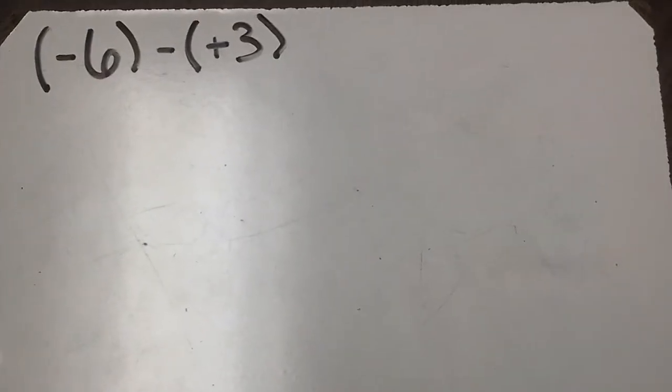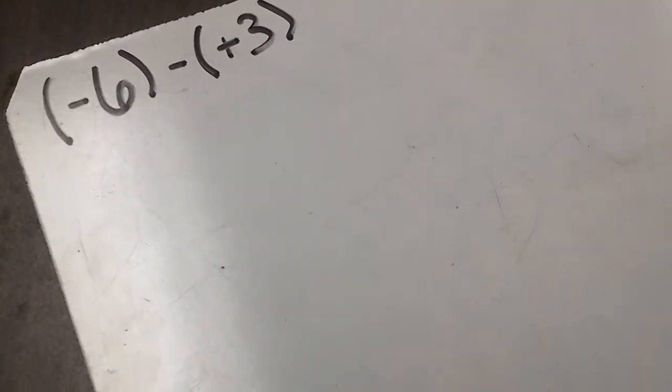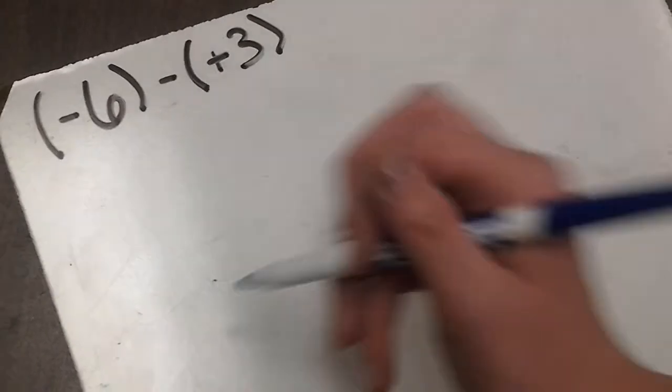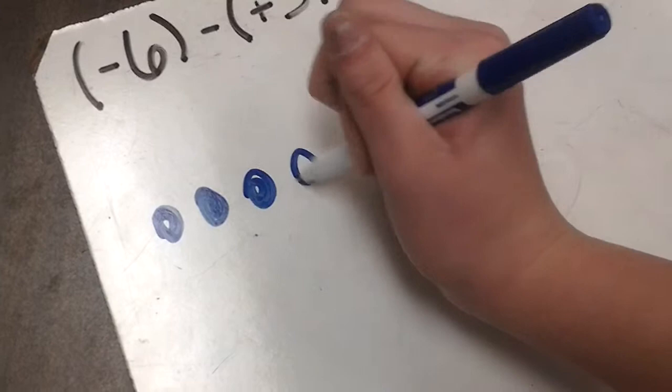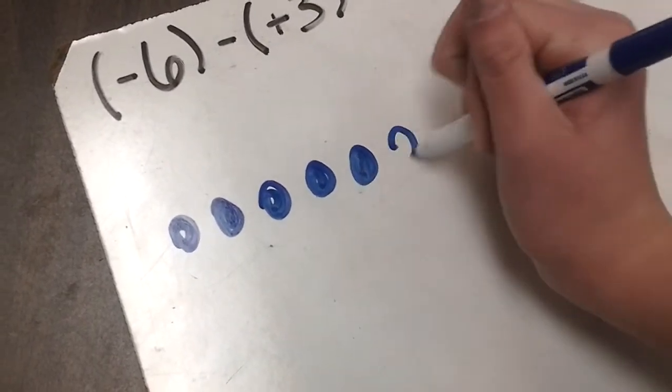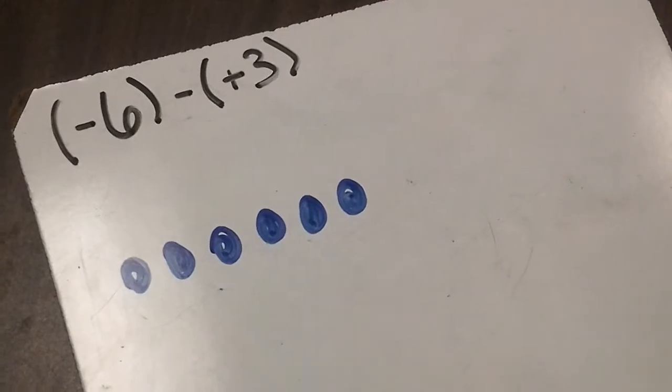An example of subtracting a positive integer from a negative integer. Negative 6 subtract positive 3. First, you start off by drawing negative 6. Because there are no positive counters, you will need to add 3 zero pairs.